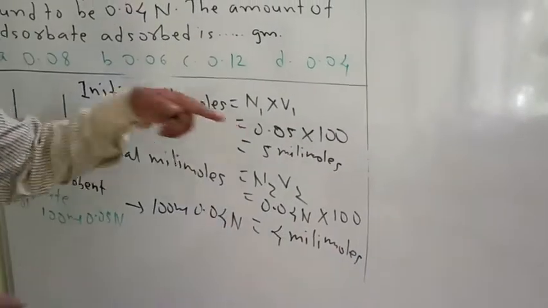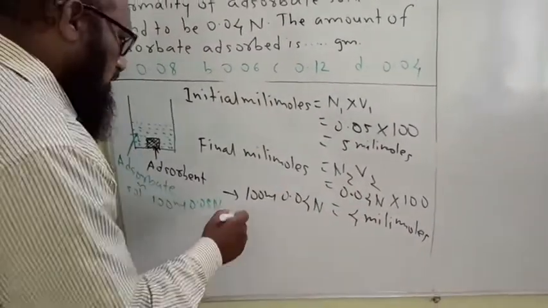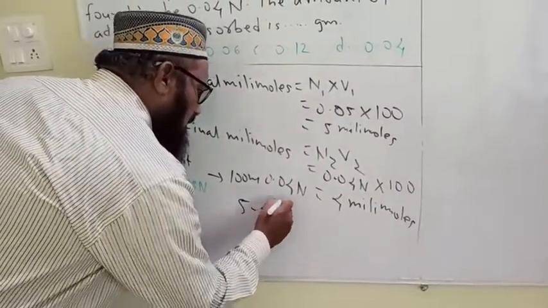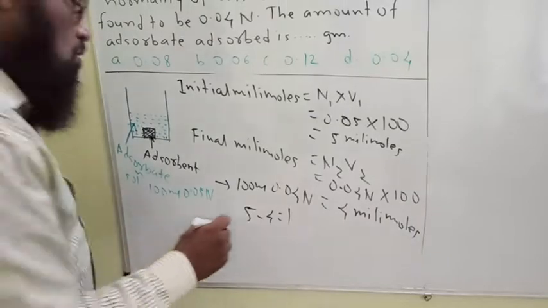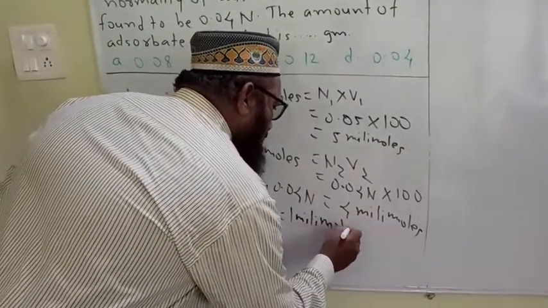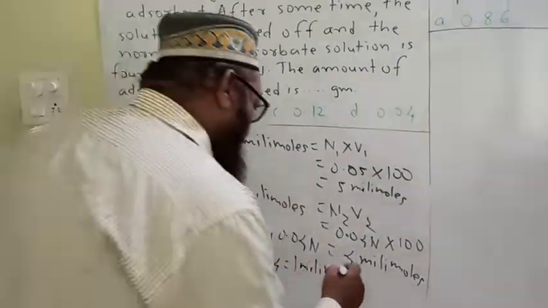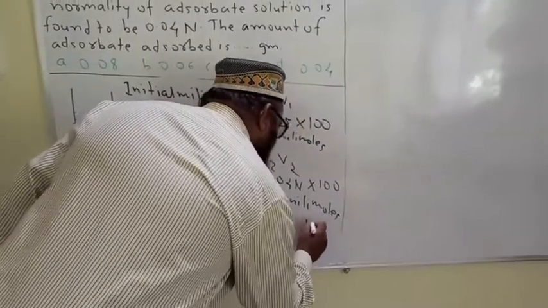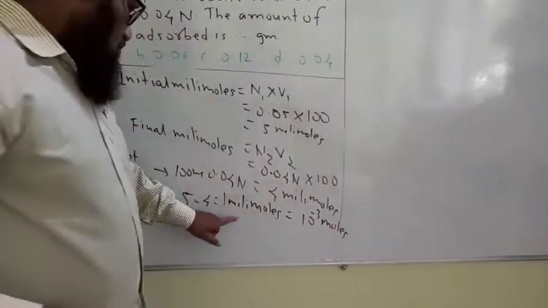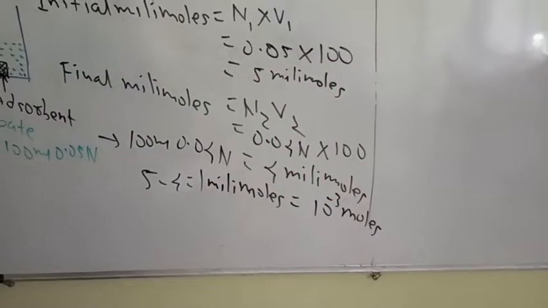Then what is the difference? Difference of millimoles is equal to 5 minus 4 is equal to 1 millimole. 1 millimole is equal to 10 raised to minus 3 moles.